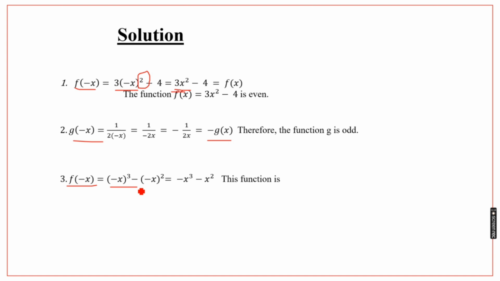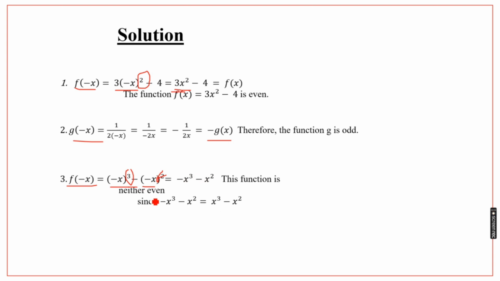For the third example, f of negative x equals negative x to the power of 3 minus negative x to the power of 2. Here 3 is odd and 2 is even. A negative number to an odd power is negative, and a negative number to an even power is positive.